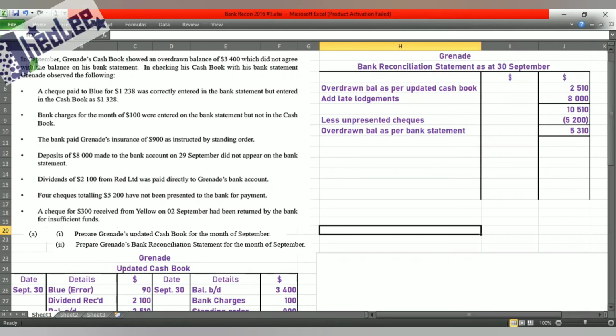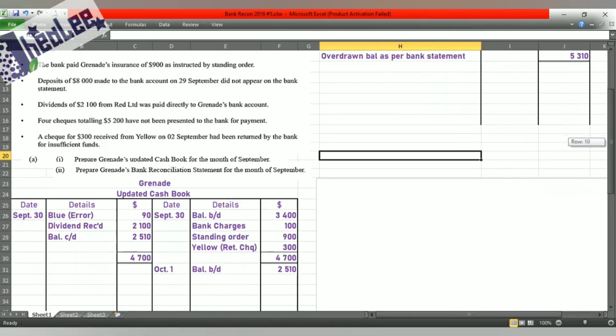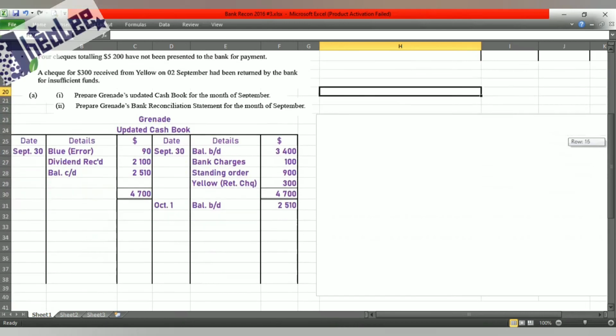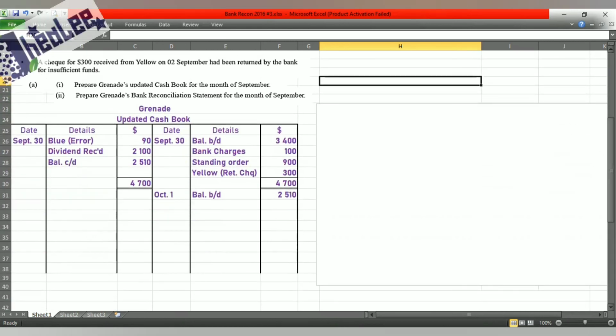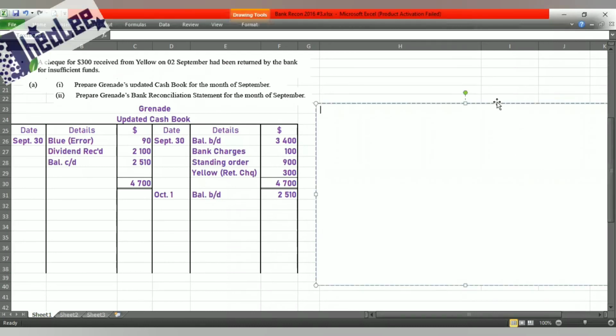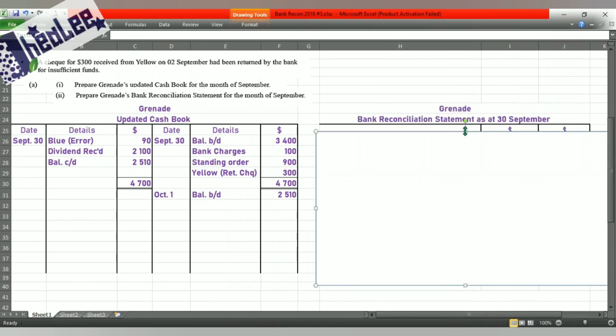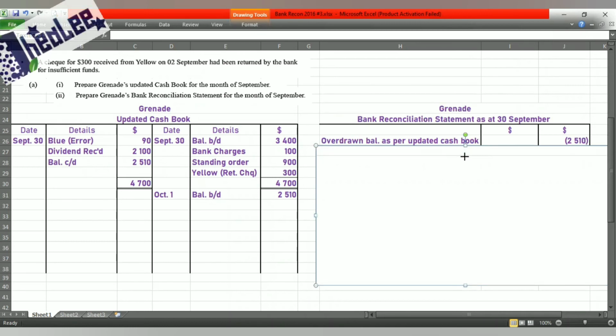The other approach is where you work with the figure as a negative figure. So you will use the original format in preparing the bank reconciliation statement, starting with your balance as per updated cash book, but you work with the figure as a negative figure. So here we go. We have the title, enter overdrawn balance as per cash book, and because it is an overdrawn balance, you put that in brackets.